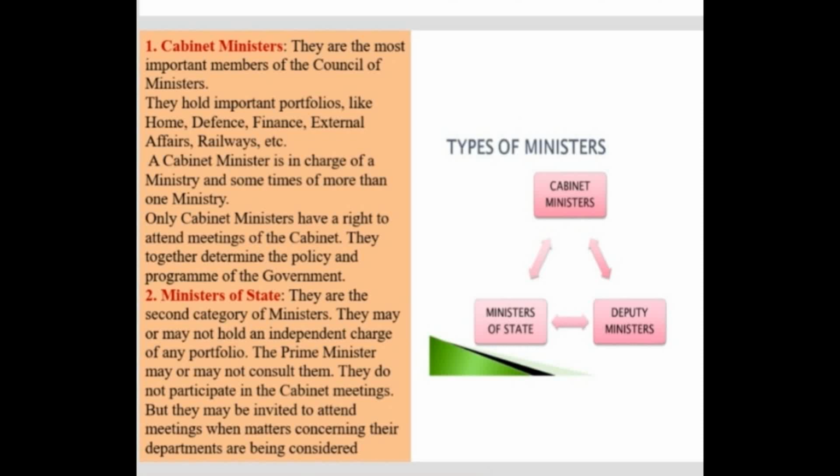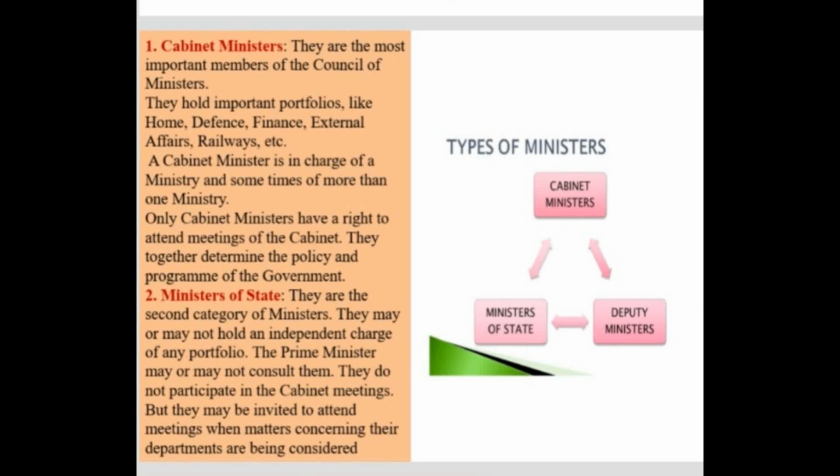And coming to the next kind of ministers, called ministers of state. They are the second category of ministers and they may or may not hold independent charge. That means they may not be given a complete ministry into their hands. They may be given as an assistant to a cabinet minister.